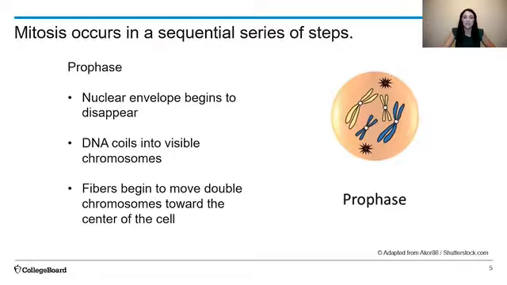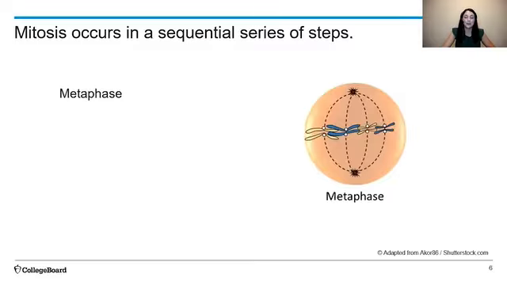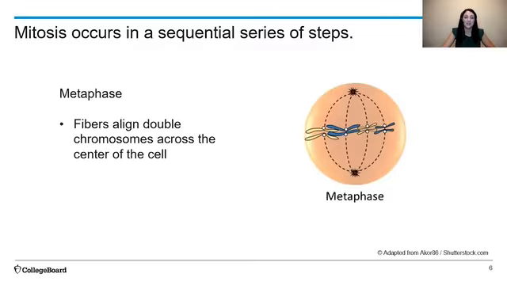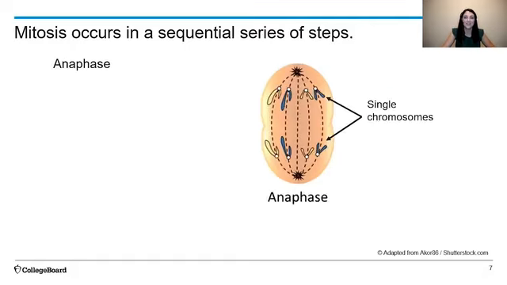And there are fibers that begin to move the double chromosomes toward the center of the cell for our next phase, which is metaphase. So you can see here that the fibers have aligned the double chromosomes across the center of the cell, and now they are all lined up and ready for our next phase, which is anaphase.